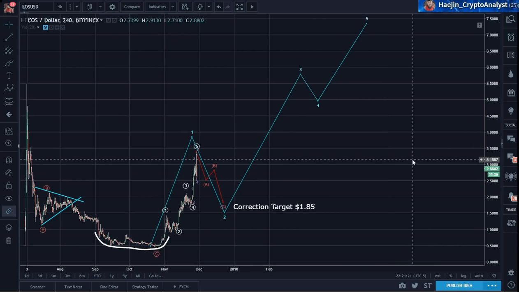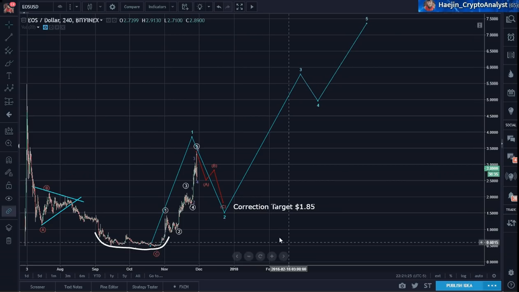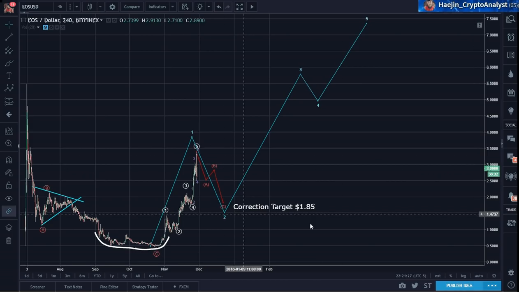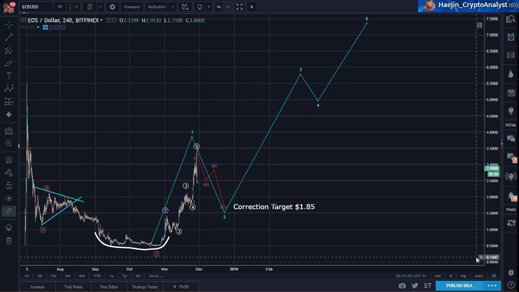Do you see the forest now? So be not afraid of corrections. They're very healthy for you.